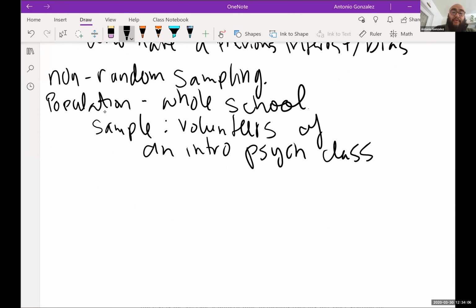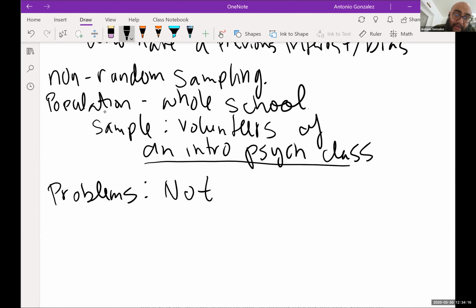The whole school sample is volunteers of an intro psych class. The problem here is that it is not representative of the whole school.